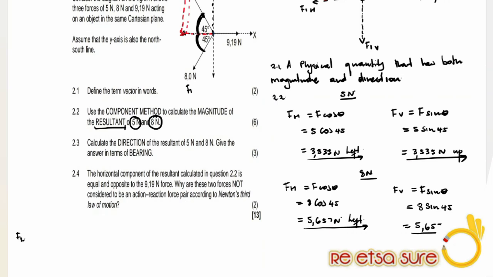Okay, so now F resultant for H is equal to F1 plus F2. As you can see, these 2 forces are moving to the left. Let me just take them as negative, both of them. So what is F1?